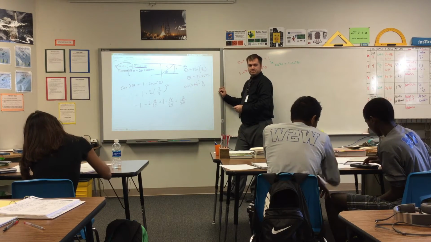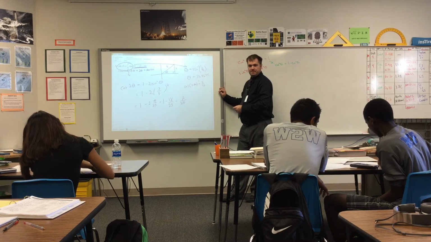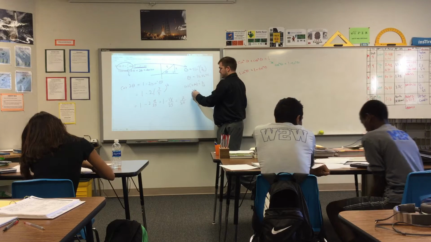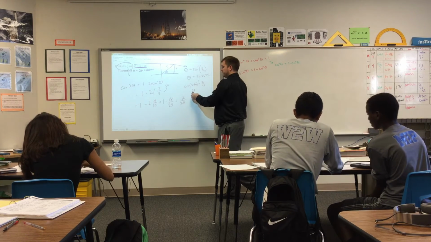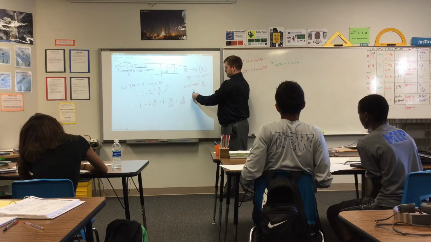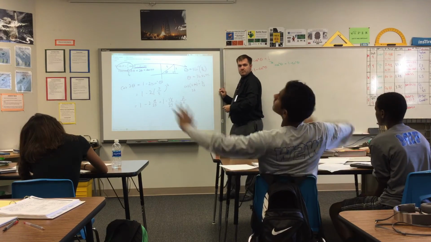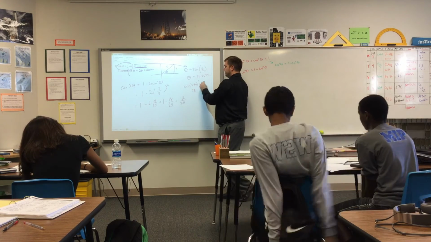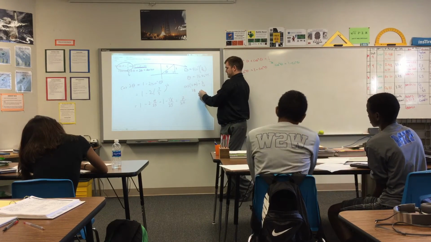Anybody? It's like 0.27. Okay. Give me one digit. It's like 0.2799, so therefore you can round it up to 0.28.